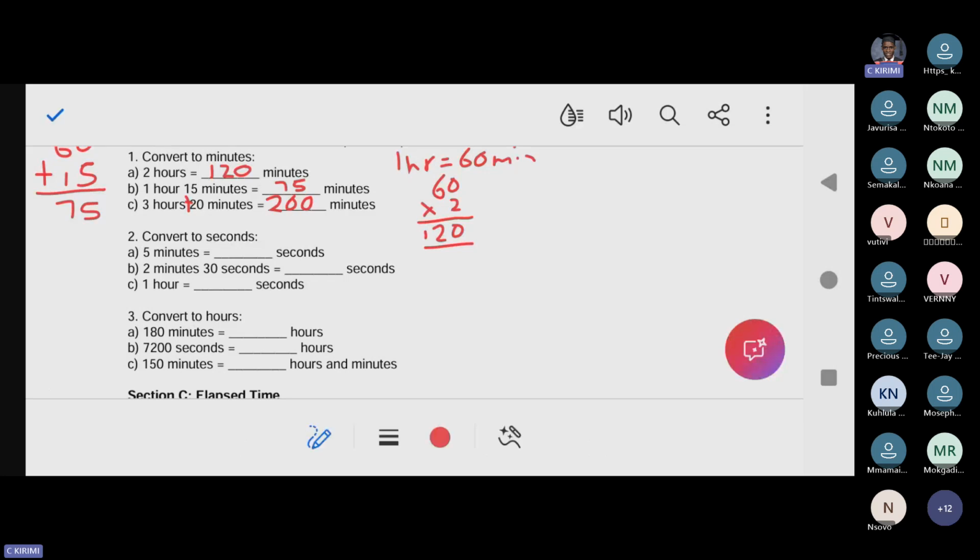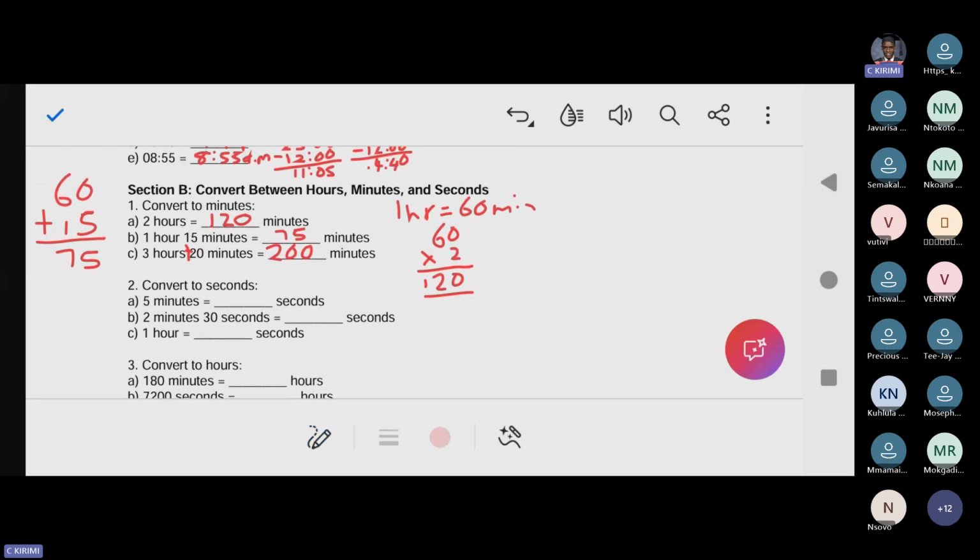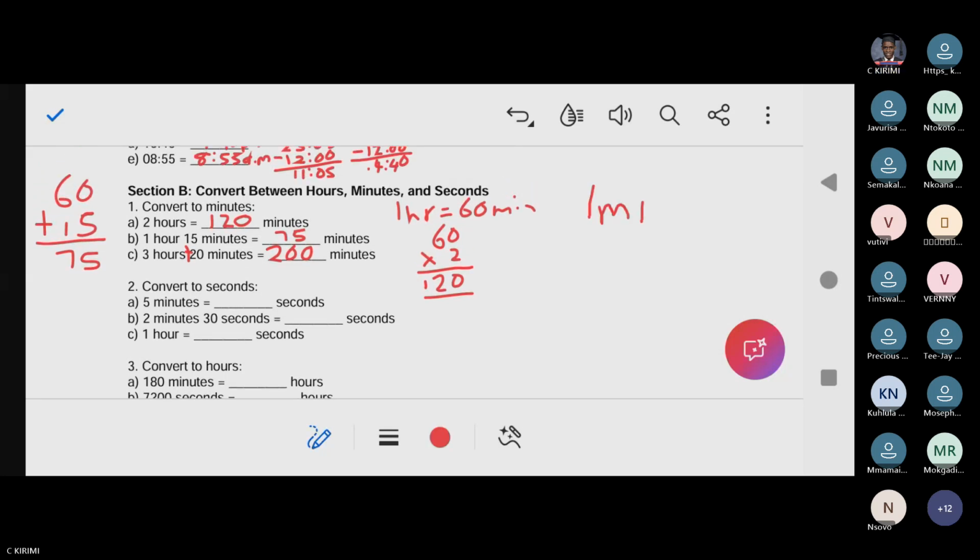So we want to know what is the conversion of minutes to seconds. We know that 1 minute is equal to 60 seconds.